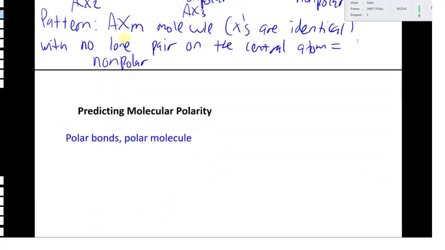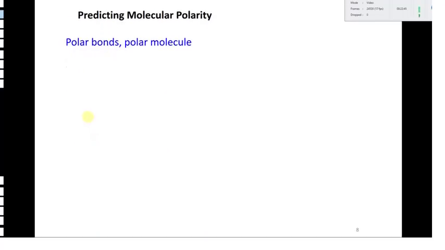All right, the next situation we have would be a bunch of examples where you have polar bonds and the molecule is polar. As I said, there are a lot of molecules where you have polar bonds and still net polarity. This is when the molecule is not perfectly symmetrical. Somebody, when describing the previous molecules, used the word symmetric, which is a good way to think about it.